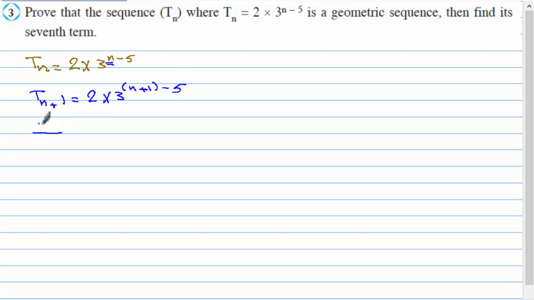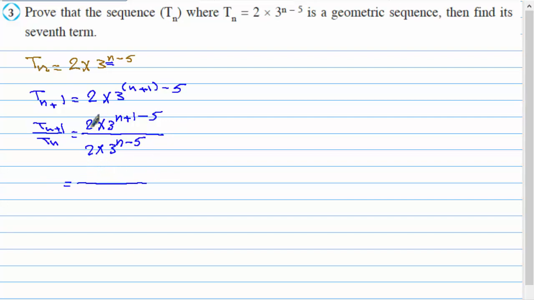So Tn plus 1 over Tn equals 2 multiplied by 3 power n plus 1 minus 5, over 2 multiplied by 3 power n minus 5, and we will simplify this fraction.